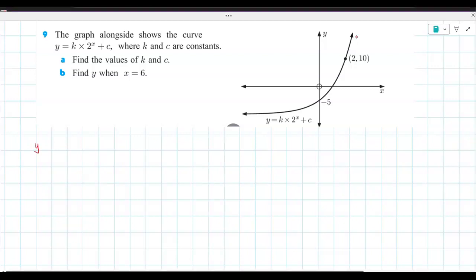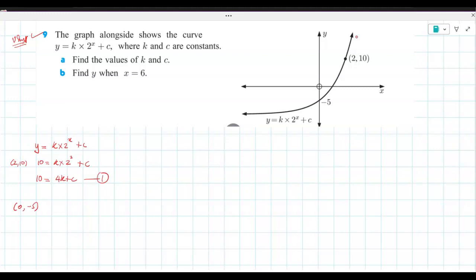Y equals k multiplied by 2 raised to x plus c. So substitute (2, 10). So 10 is equal to k into 2 squared, plus c. 2 squared is 4. So 4k plus c equals 10. Call this equation 1. Any other point that you can substitute? This is very important. 0 comma minus 5, because it's on the y-axis.